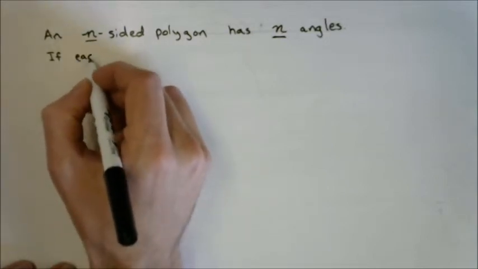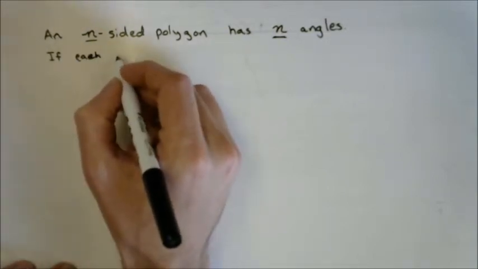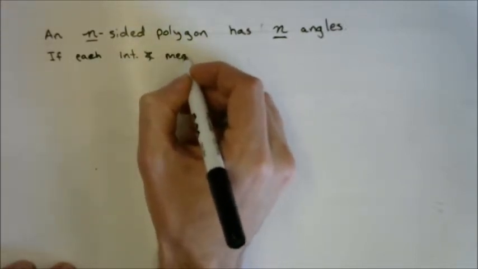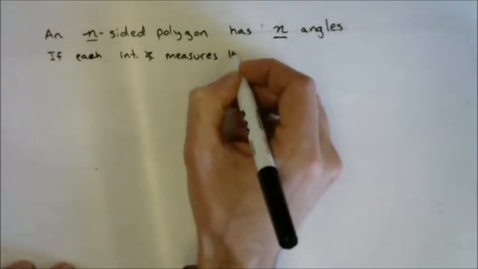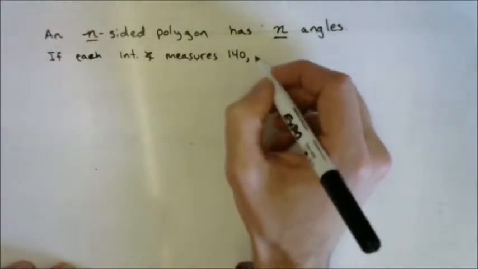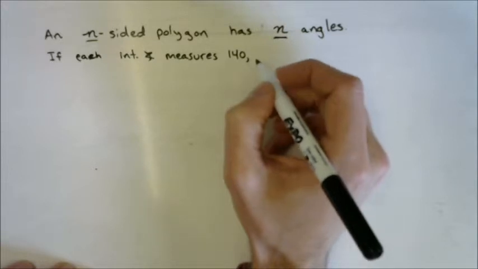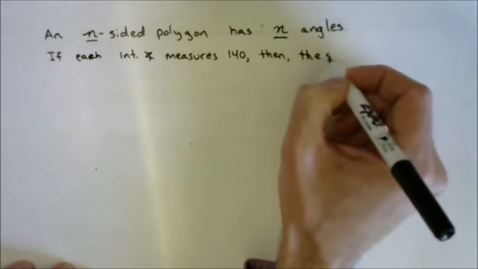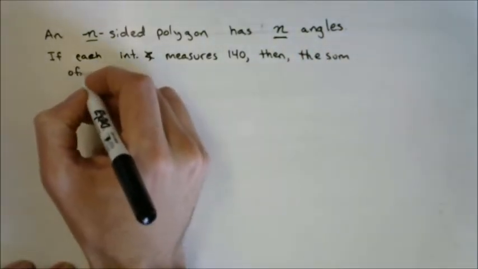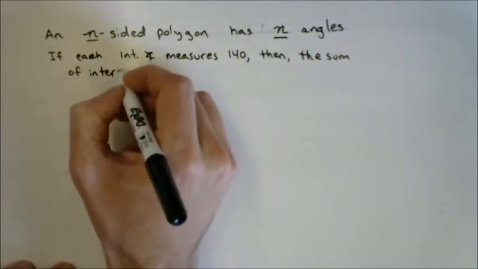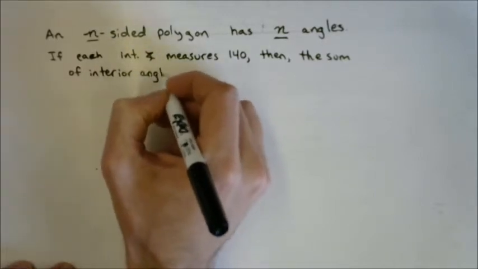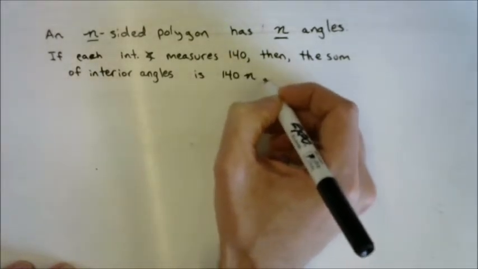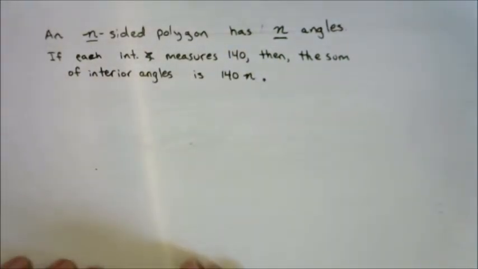If each interior angle measures 140, then the sum of interior angles is 140n.